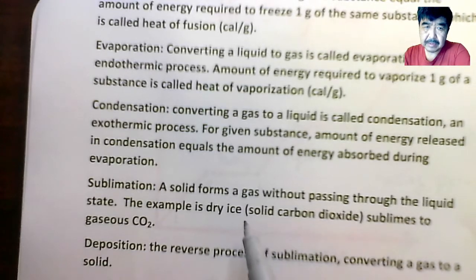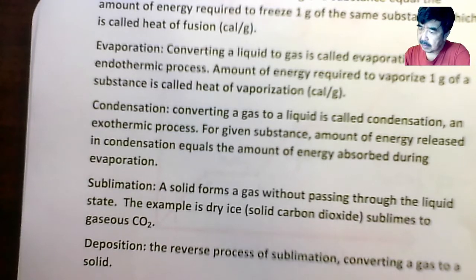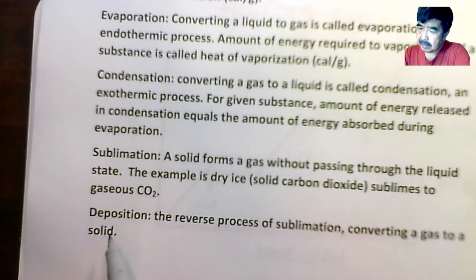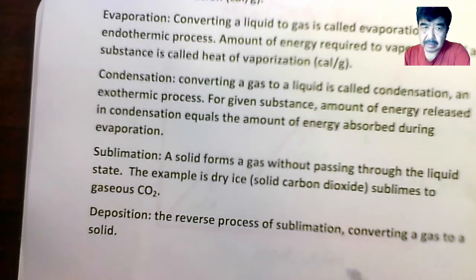An example is dry ice: solid carbon dioxide sublimes to gaseous carbon dioxide. It's called sublimation. And the opposite process is called deposition. Deposition is the reverse process of sublimation, converting gas to solid.